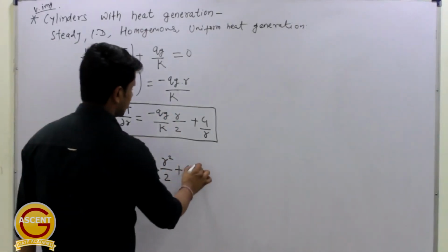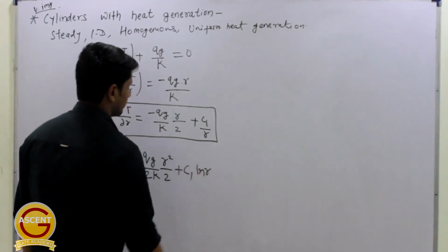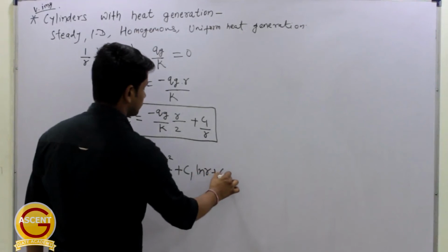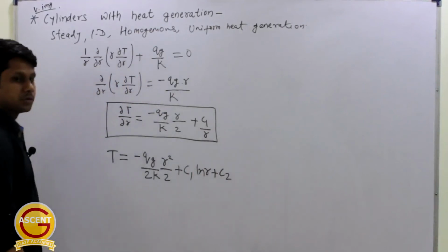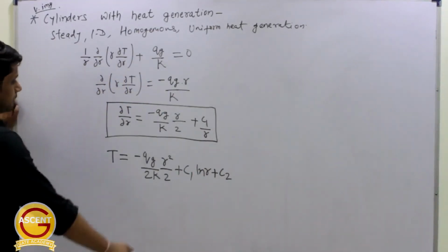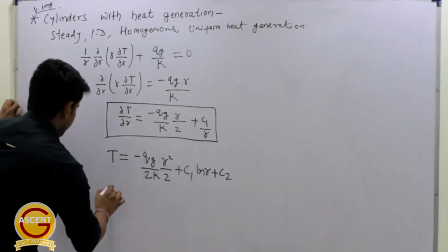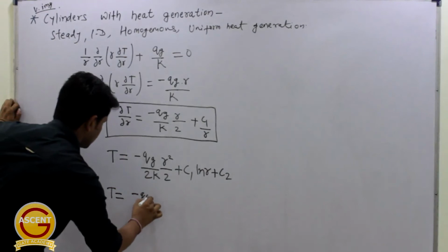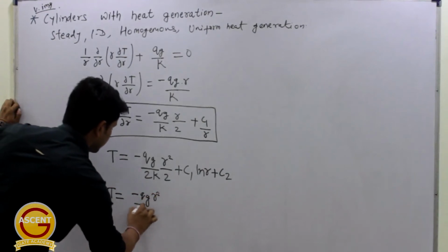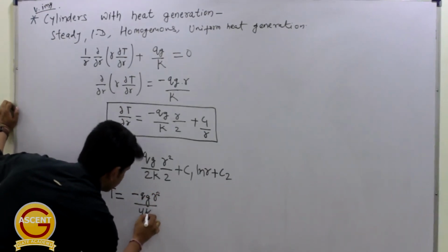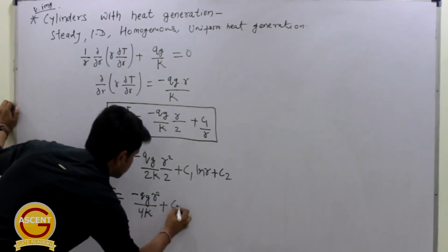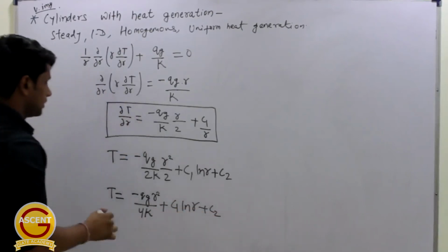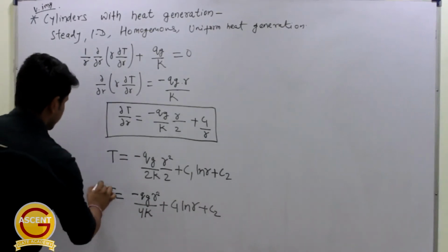It will be logarithmic R, ln R, right, natural log of R plus C2, one more constant, right. Now just rearrange this, so it will become T equal to minus Qg into R square divided by 4K plus C1 ln R plus C2, right. So this is the equation of temperature profile.